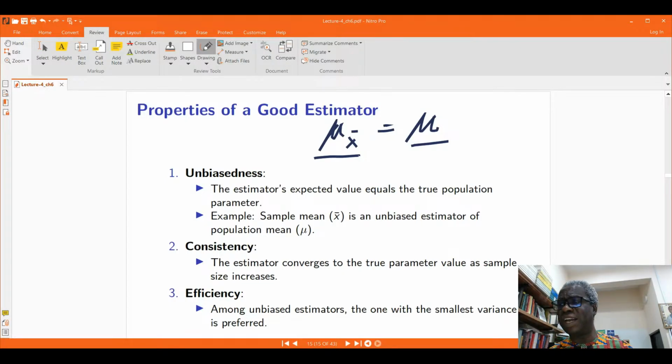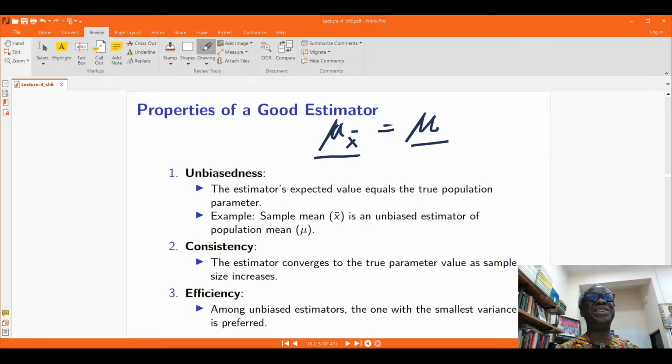So before we can even talk about the efficiency, that estimator must have passed the requirement of unbiasedness. We will not even talk about the efficiency if that estimator has not been confirmed to be unbiased.